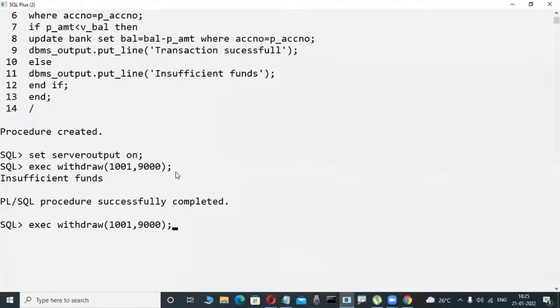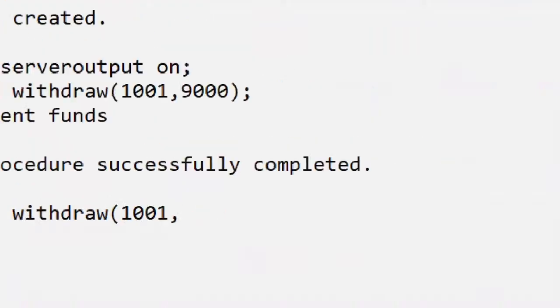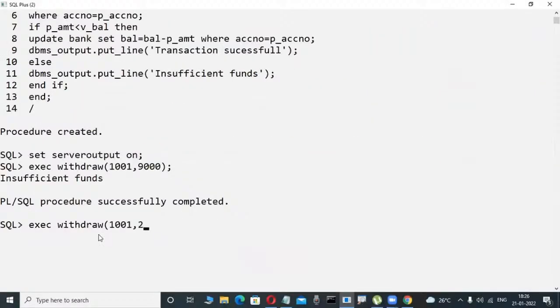Here, observe, 1001 is my account number. I try to execute withdraw again, with the procedure. Now I try to withdraw 2,000 rupees. Possible? Possible. Why?